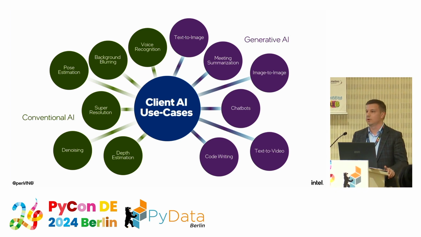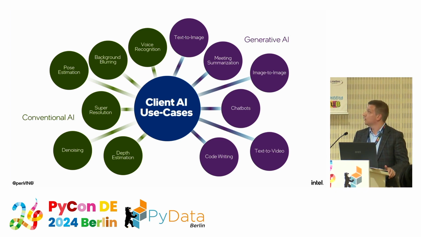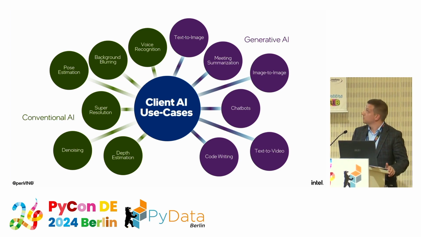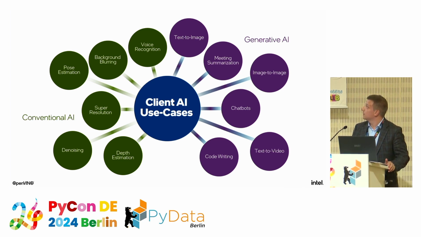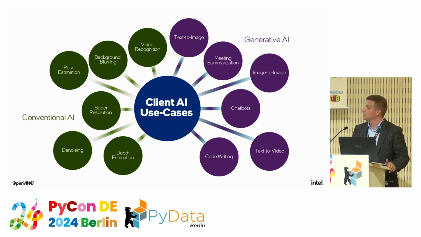All of you are familiar with such use cases and models. They have existed for years, such as voice recognition, super resolution, denoising, and so on. And we have another category, which is now very popular.